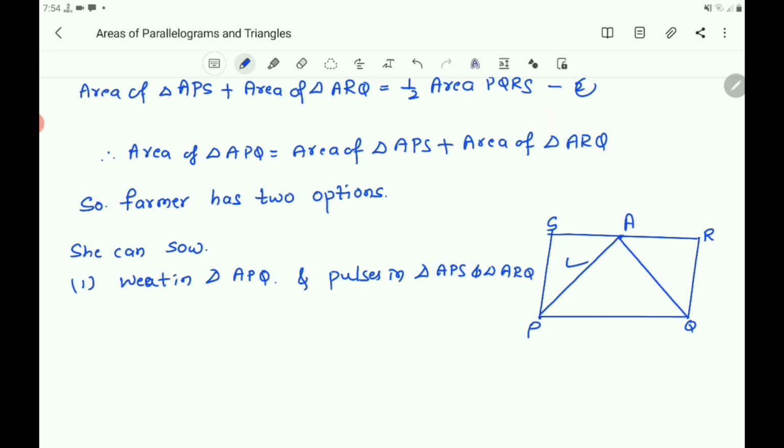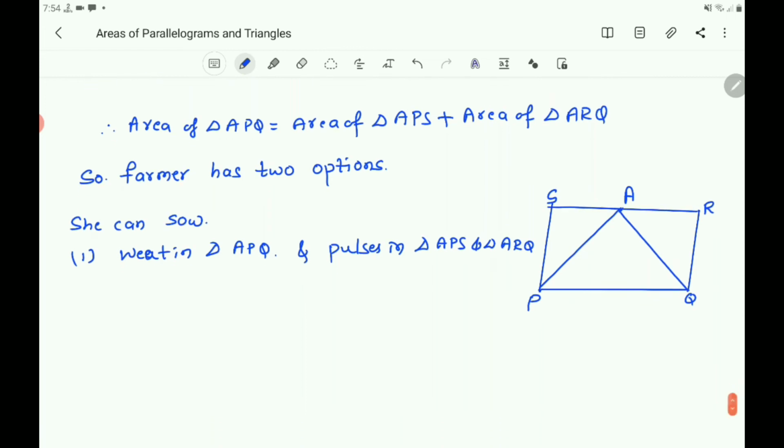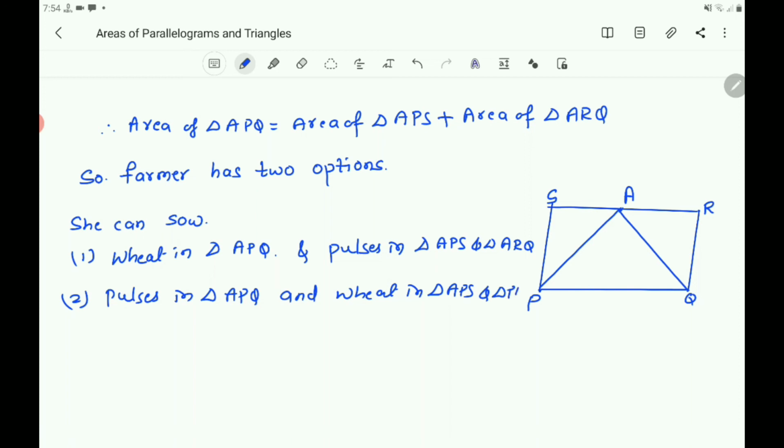So here the wheat and pulses are in equal areas, or pulses in triangle APQ and wheat in triangle APS and triangle ARQ.